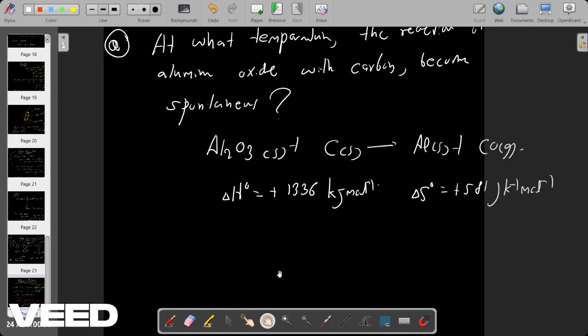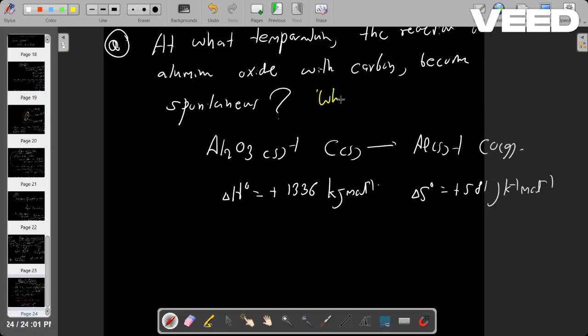Very good point. Any reaction starts to become spontaneous when delta G becomes zero.